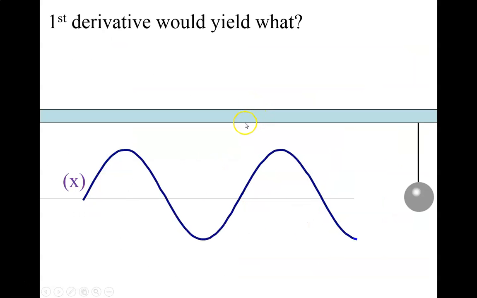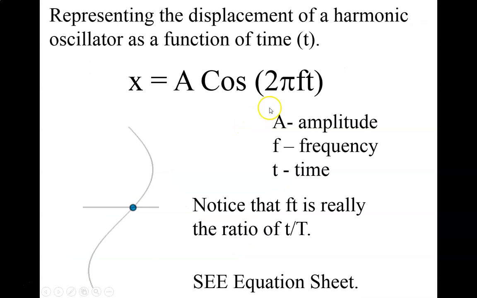The last thing I wanted to cover was this. You'll see this on your AP Physics equation sheet: x equals A times the cosine of 2 pi f t. This is the displacement of a simple harmonic oscillator from the equilibrium position, which would be a line drawn down the middle here.